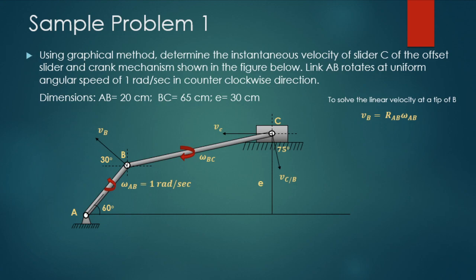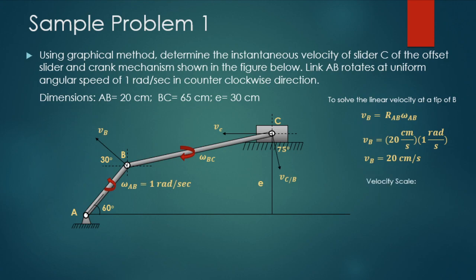So we can get the velocity at the tip of B. 20 centimeter. No, this is not 20 centimeter per second, this is 20 centimeter. So 20 centimeter times 1 rad per second. So we get that velocity B is equals to 20 centimeter per second. So earlier it was just a mistake.